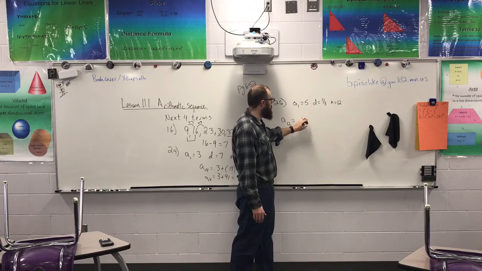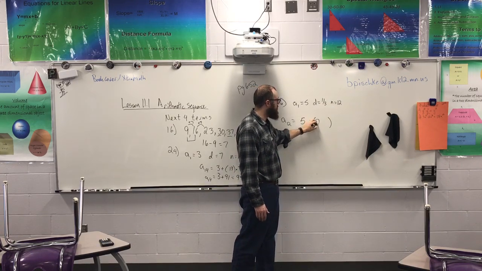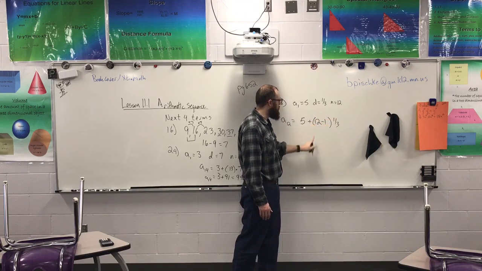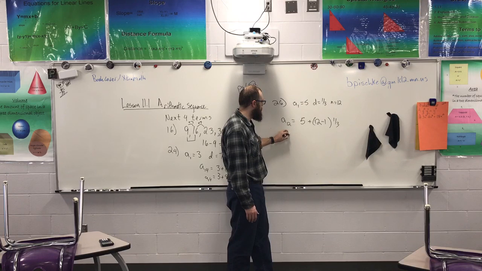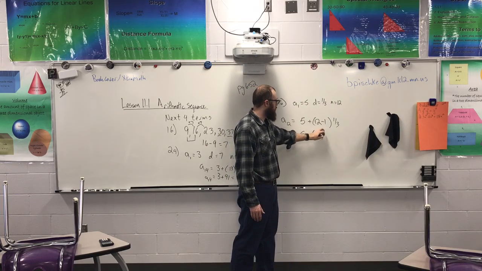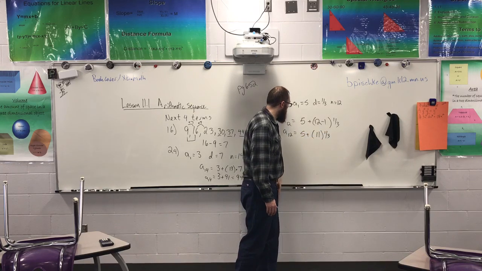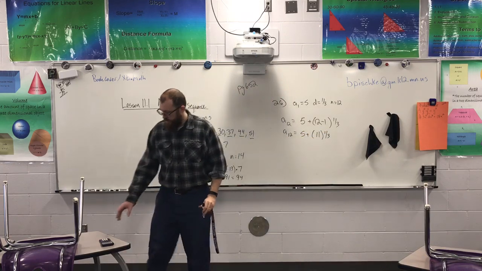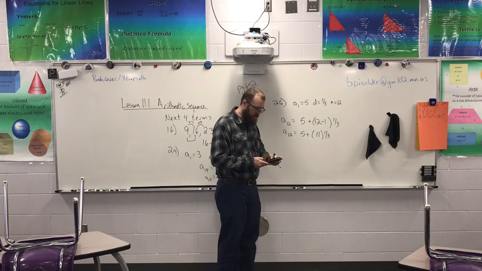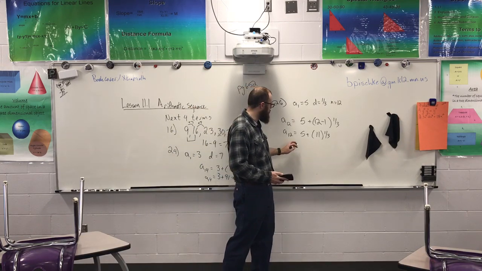So to find my 12th term, I'm going to do A1, which is 5, plus 12 minus 1 times a third. 12 minus 1 is 11. Times a third. 11 times 1/3 is 3 2/3.